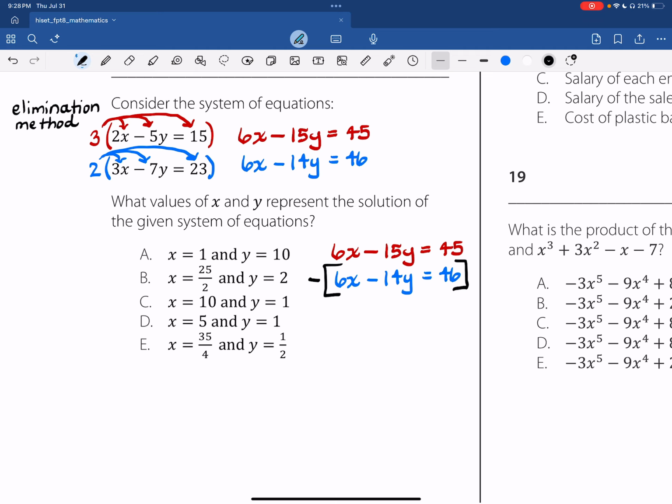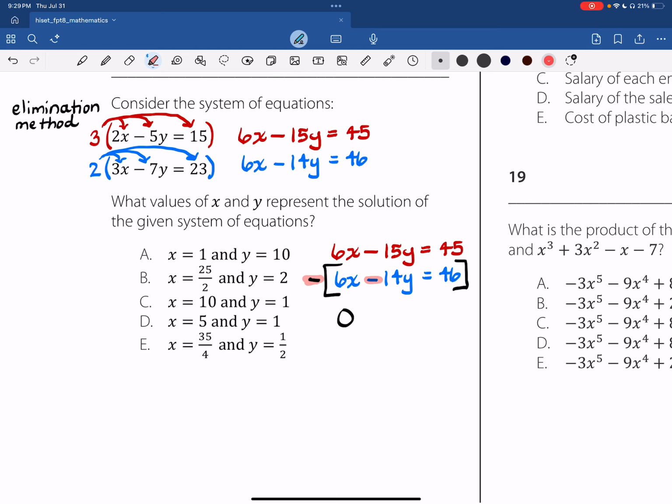6 minus 6 is 0. That's what I was looking for. Those x terms are canceled. But be careful here. This negative and this negative make a positive.